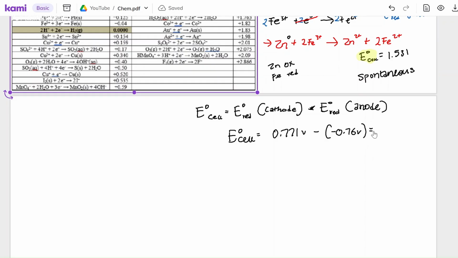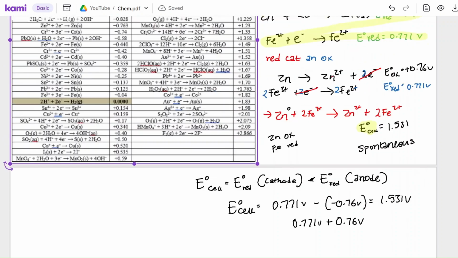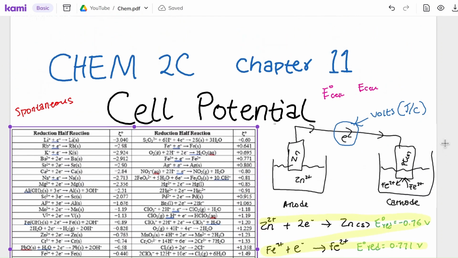If you plug this into a calculator, the minus becomes a positive. So it becomes the same thing as before, 0.771 volts plus 0.76 volts, and we get the same answer, 1.531 volts. And that is how you do the standard calculation.